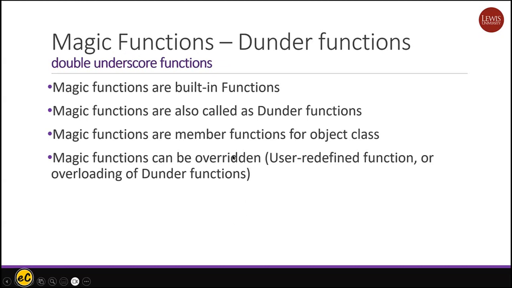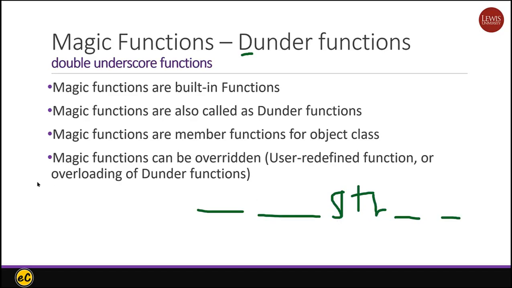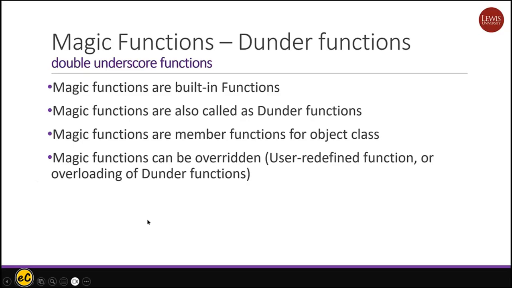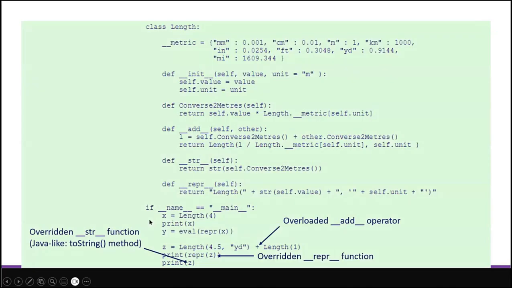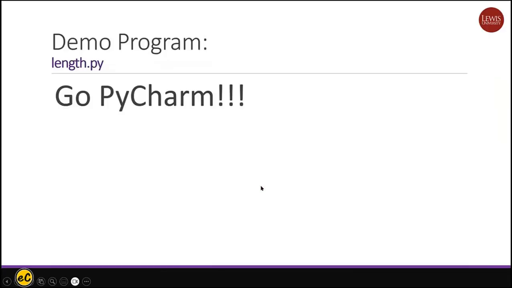Using the magic functions, dunder functions. Dunder means double underscore, so this is a double underscore function. Double underscore functions are usually private functions. Here is one example.